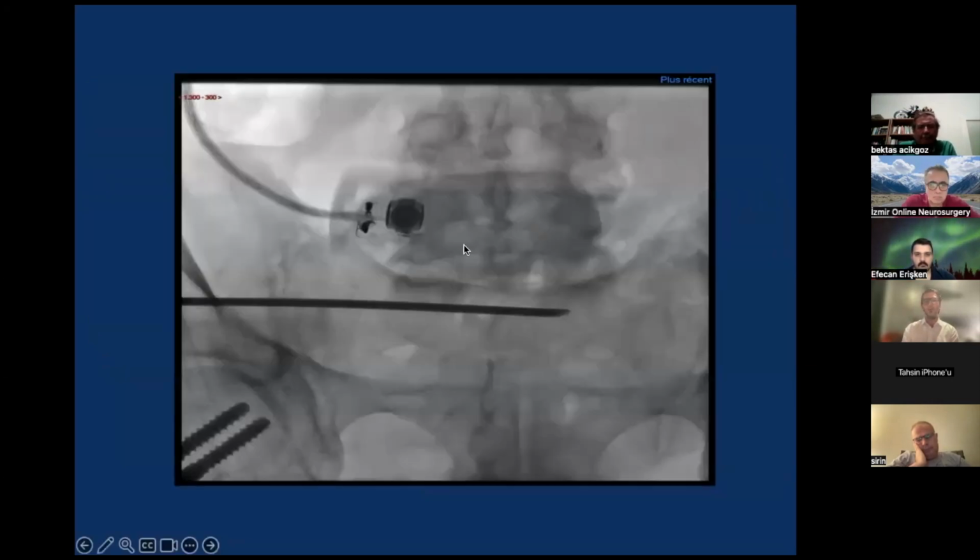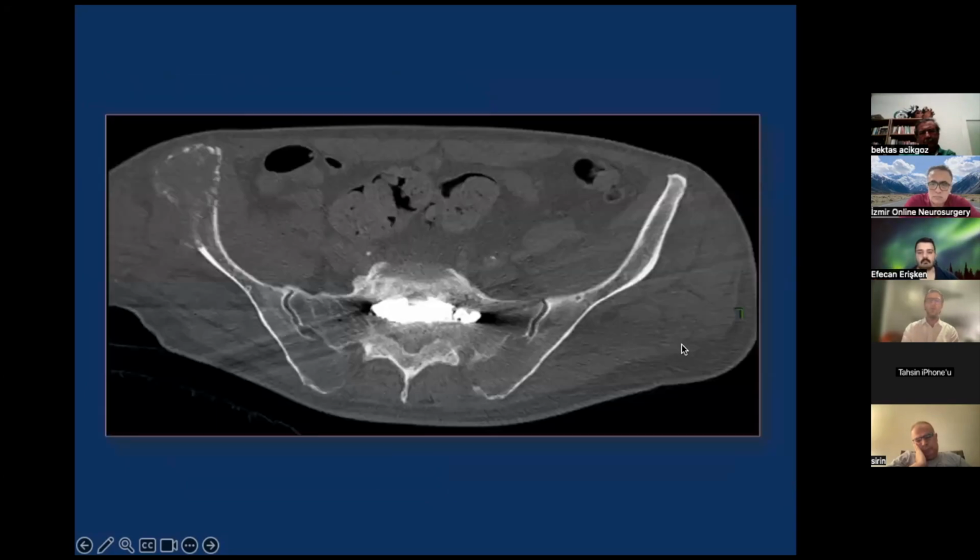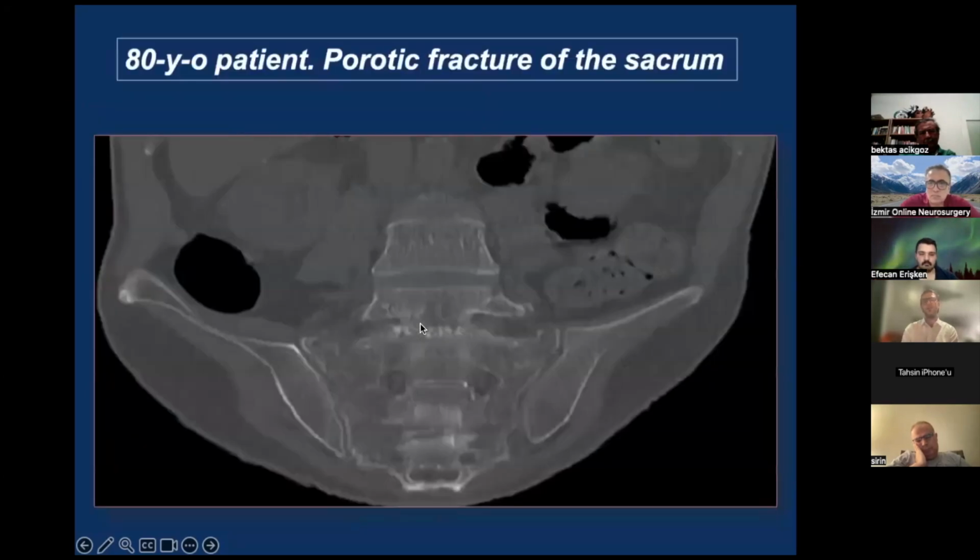So here you can see using this electromagnetic field device, you can have a very precise transsacroiliac route. Here you have the first sacral foramina, and this is the result after the injection of the bone cement. So you don't have any leakage in the sacral foramina and also in the sacral canal, and you have here the CT scan after the injection of bone cement.